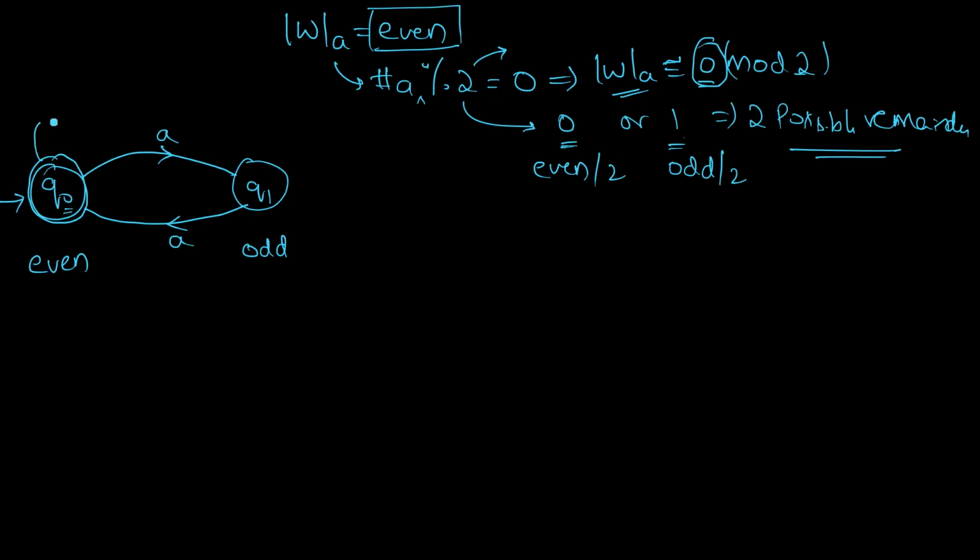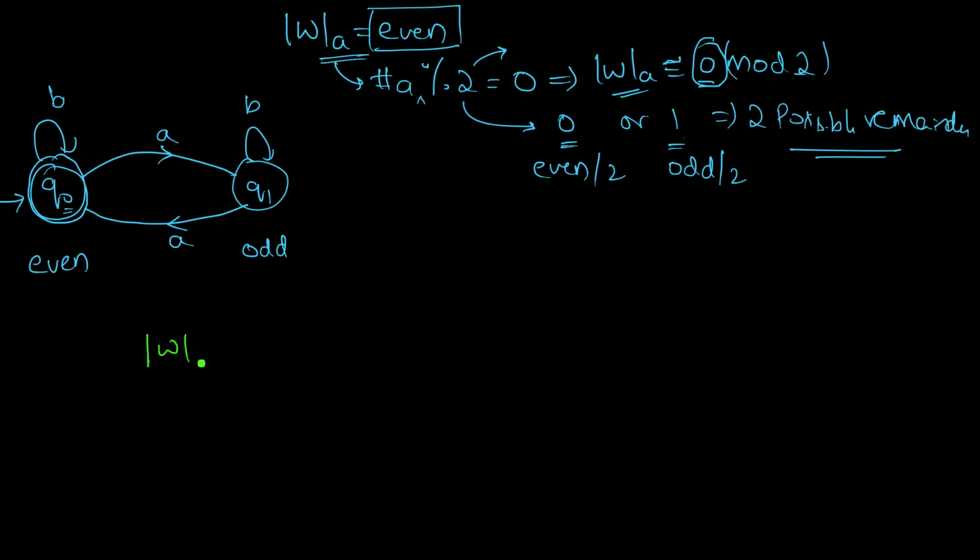Whenever we see a B at any state, we just simply skip it because we don't have any constraint over B. The same thing happens at Q1 also. When we see a B, we just skip it and we don't go to any other state. We will just be in that state. We only consider the number of A's in this DFA. So this is the DFA for accepting all the strings having an even number of A's.